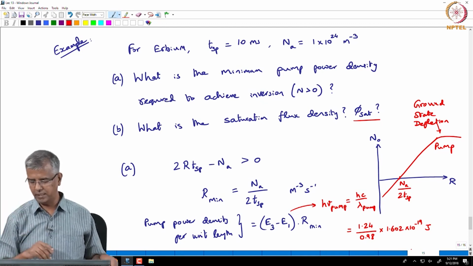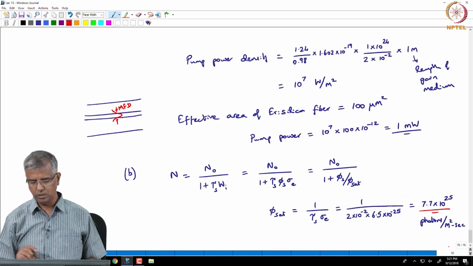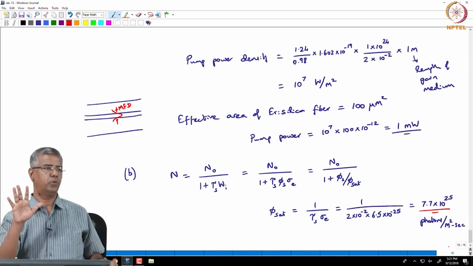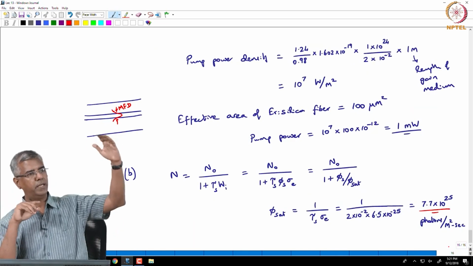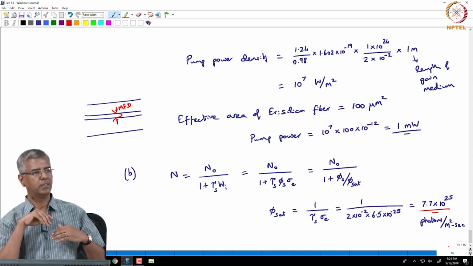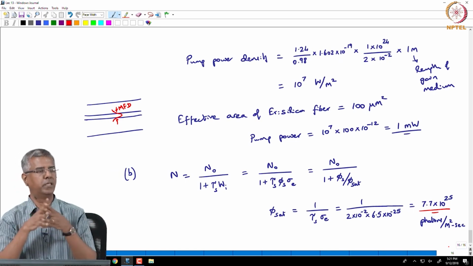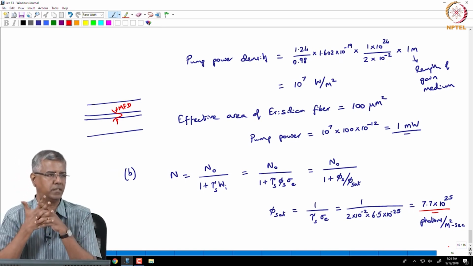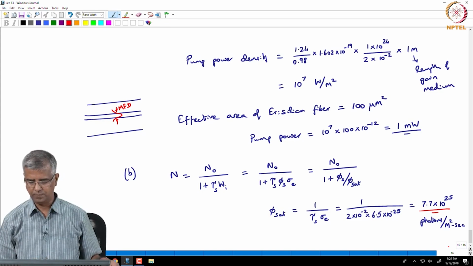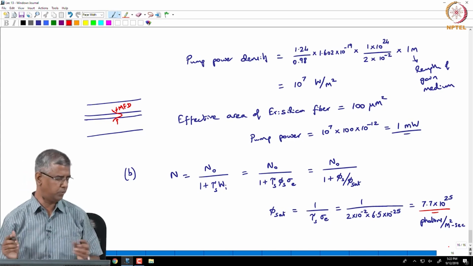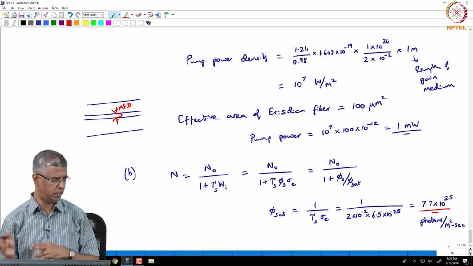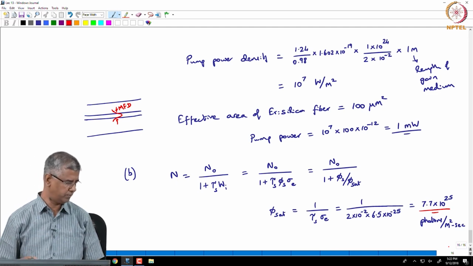Whereas here there are so many signal photons coming in which are depopulating the excited state, and as a result your inversion is reducing, your gain is decreasing. So, those are two different cases, one with respect to signal photons, the other with respect to pump photons.